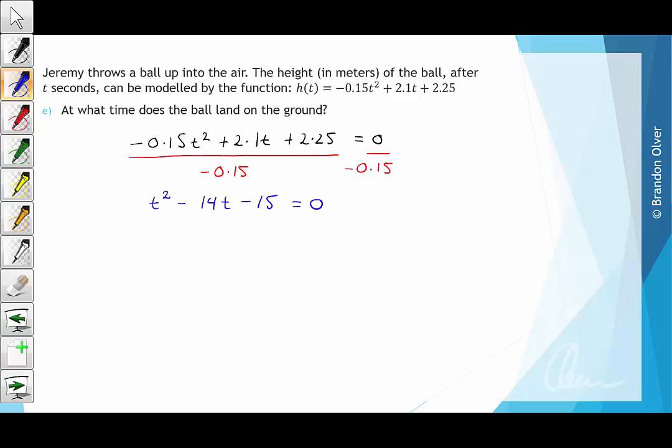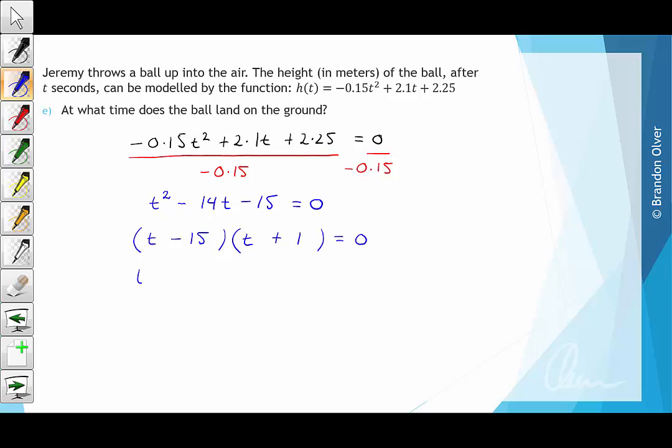So this is a quadratic that we can easily inspect to find the factors. So we put t here, and that'll expand to give the t squared. And next we need to look at the factors of negative 15 that add together to give negative 14. So if we use negative 15 times positive 1, we know that will give the negative 15, and when we add those together we get the negative 14t.